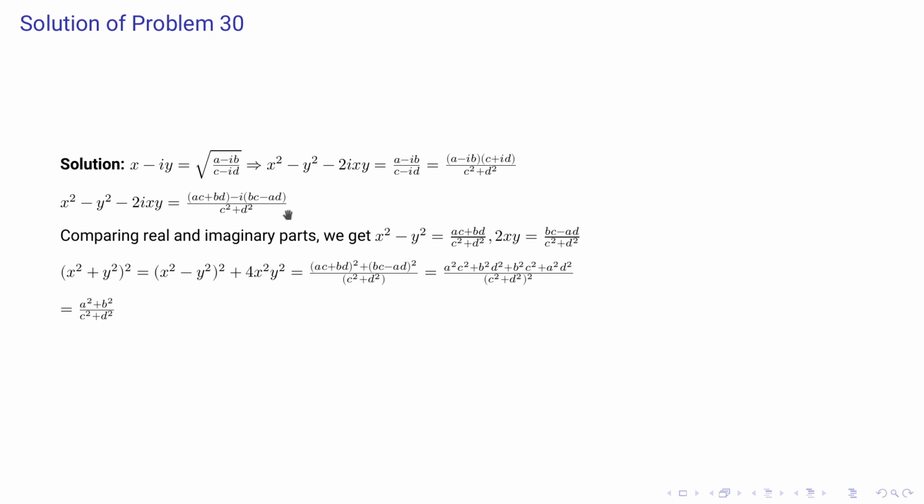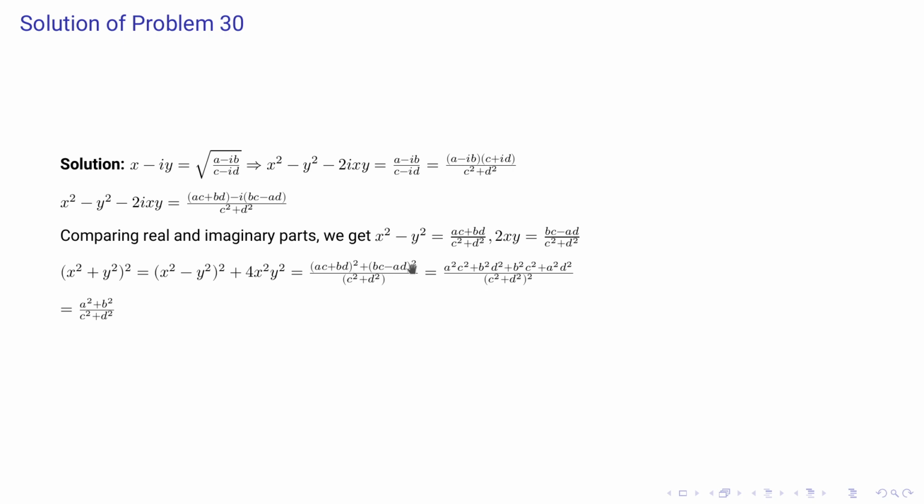So we compare real and imaginary parts. We get x square minus y square is equal to ac plus bd by c square plus d square, and 2xy is equal to bc minus ad by c square plus d square. Now we square this and we square this and we add both of these, then we get x square plus y square whole square. So this will become ac plus bd whole square plus bc minus ad whole square by c square plus d square, whole square. Here the square is missing.